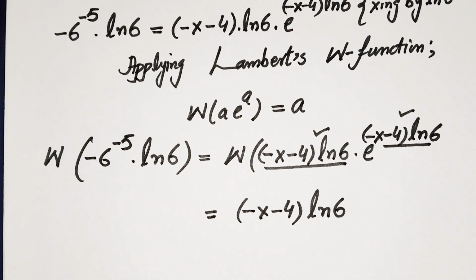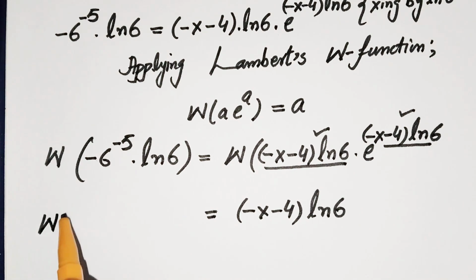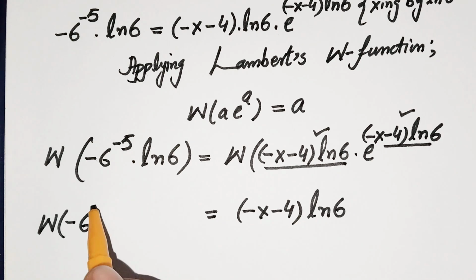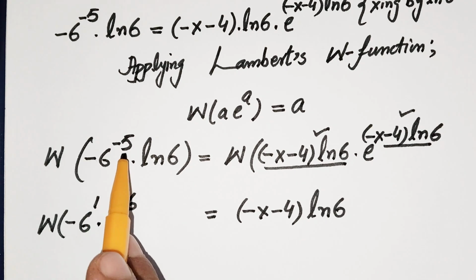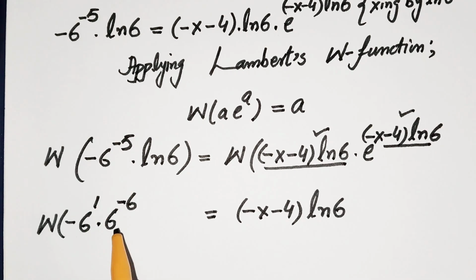Here we just write this Lambert W function, this minus 6, we just write this one like minus 6 to the power 1 times 6 to the power minus 6. Here minus 6 plus 1 we get minus 5, so there is no difference here if we write according to this way, so times natural log of 6.